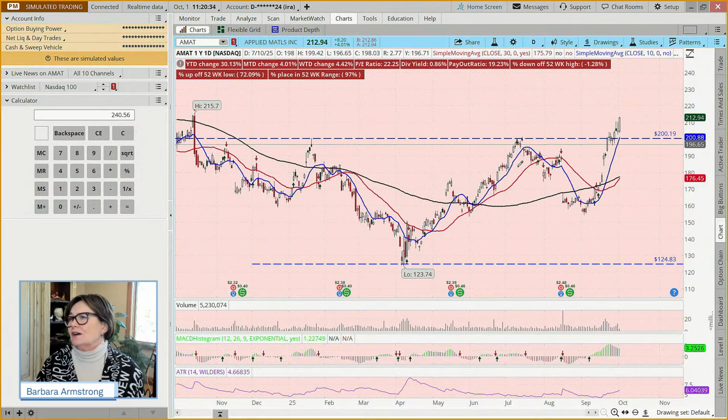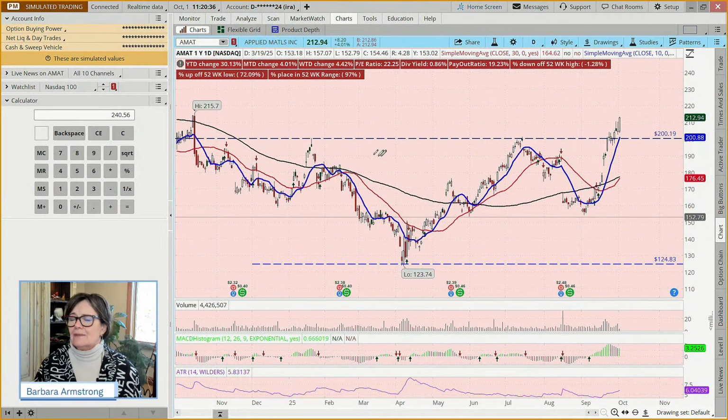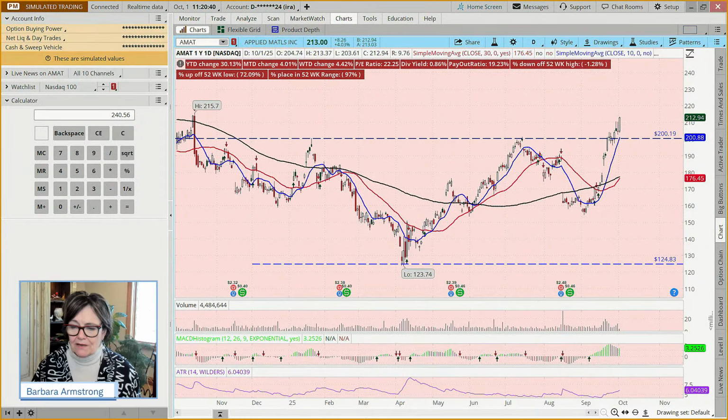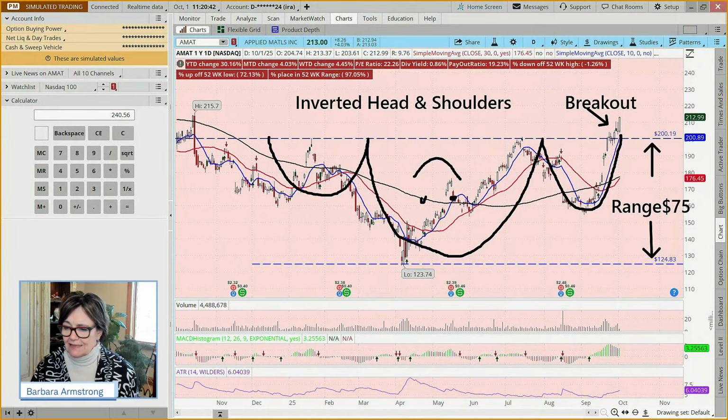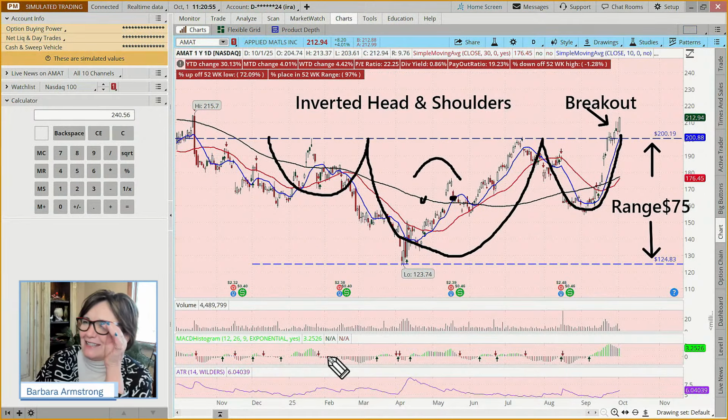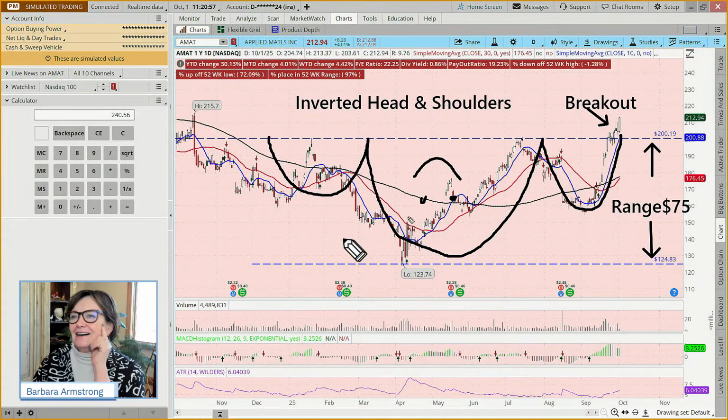But if we come and we look at a 1-year chart, and I think I posted this on X this morning as well, what kind of pattern do you guys see here? Yeah, I did post this on X. And so it's an inverted head and shoulders.